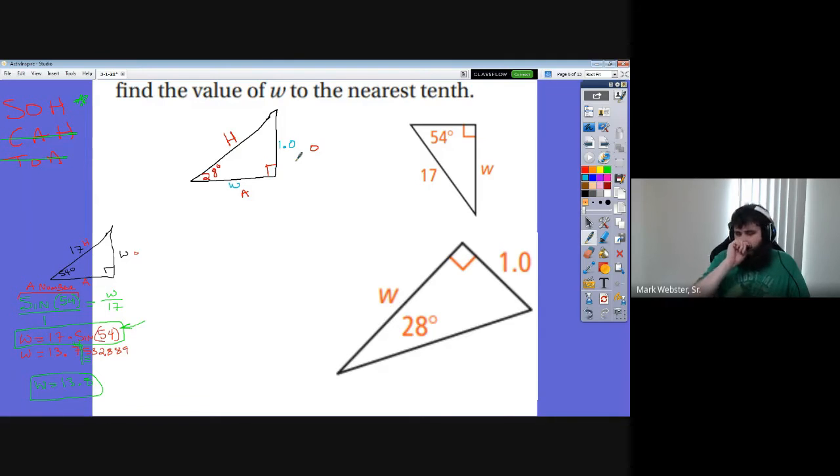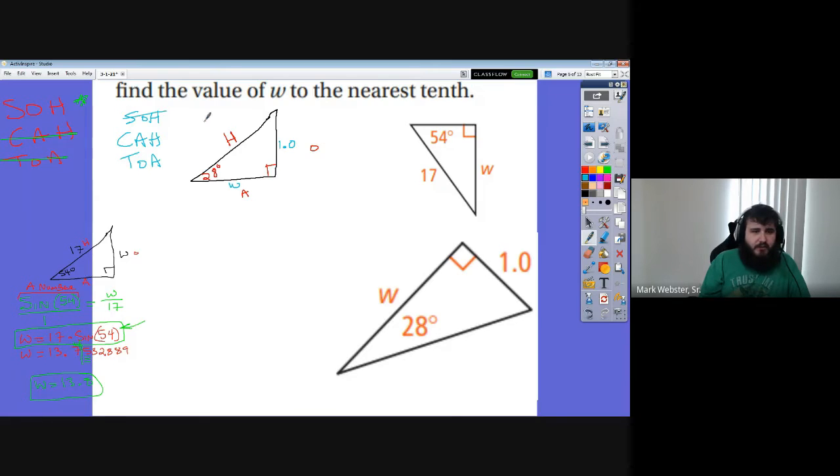That seems like a lot of work to write an extra decimal place in there, but who knows? So notice we don't have the hypotenuse this time. So what's the only one that does not have a hypotenuse?